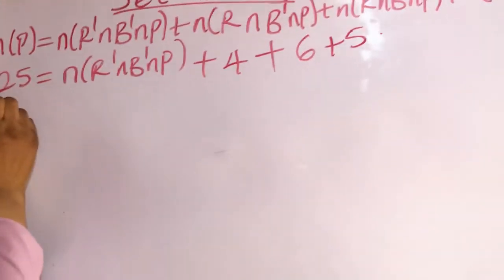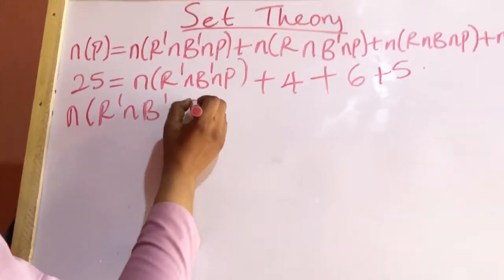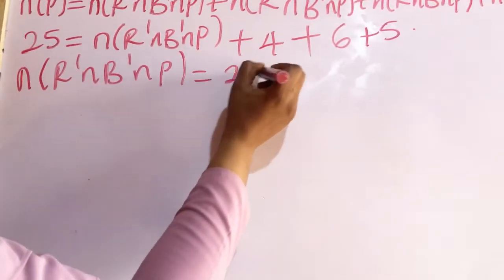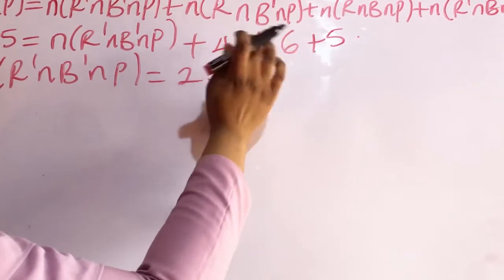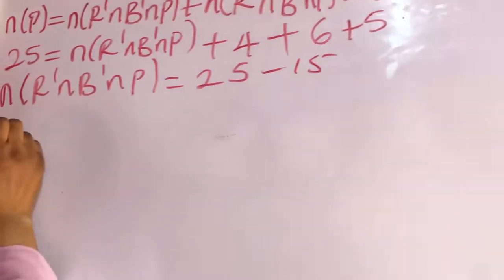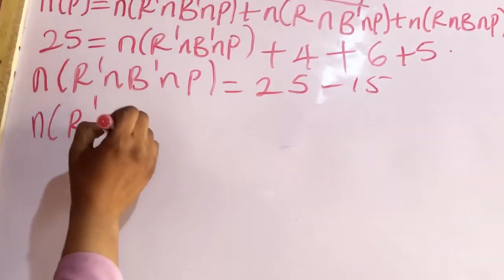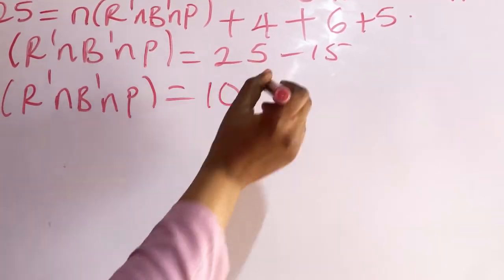So those that like plantain only will now be equal to 25 minus (6 plus 4 is 10, 10 plus 5 is 15), so 25 minus 15. So the cardinality of R prime intersect B prime intersect P is equal to 10. So those that like plantain only, they are 10.